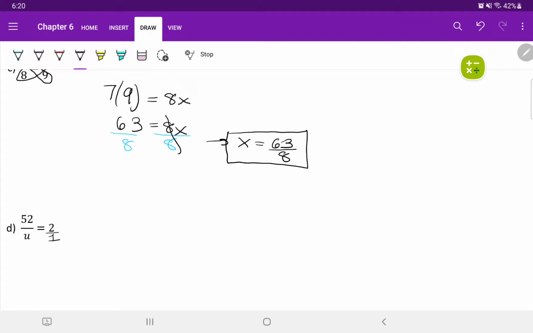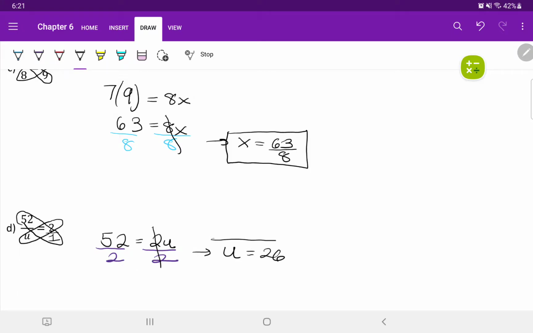And now we're going to cross multiply. 52 times 1, which is just 52, equals 2 times u, which is 2u. To get u by itself, we're going to divide both sides by 2. 52 divided by 2 is 26. U equals 26.